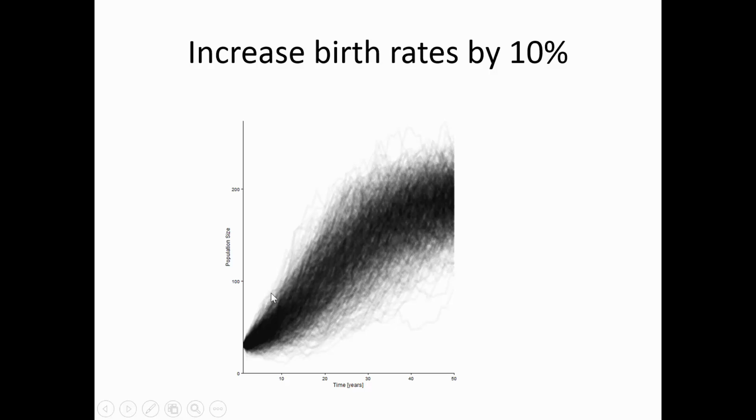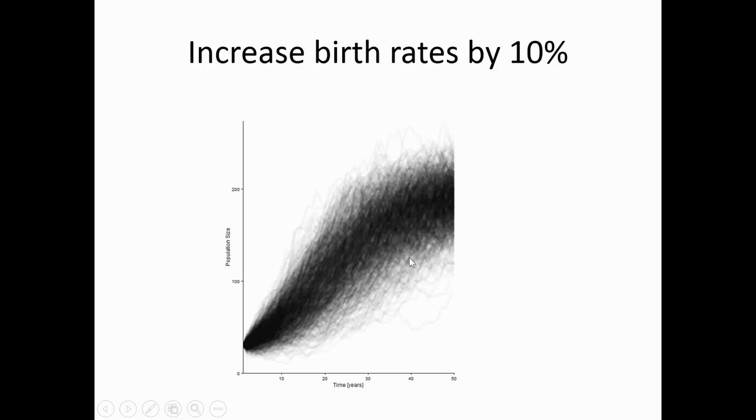What happens if we increase the birth rates by 10%? So now the population rises faster. It also has a higher carrying capacity. We end up with a greater distribution, or a distribution that's spread over a higher set of values.